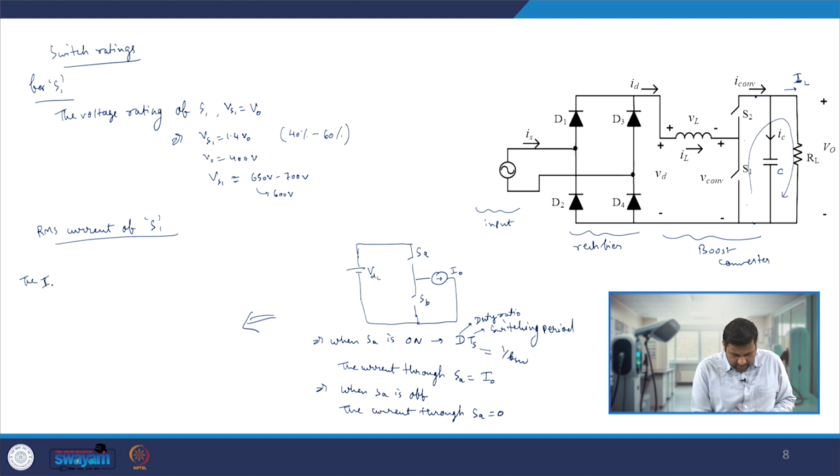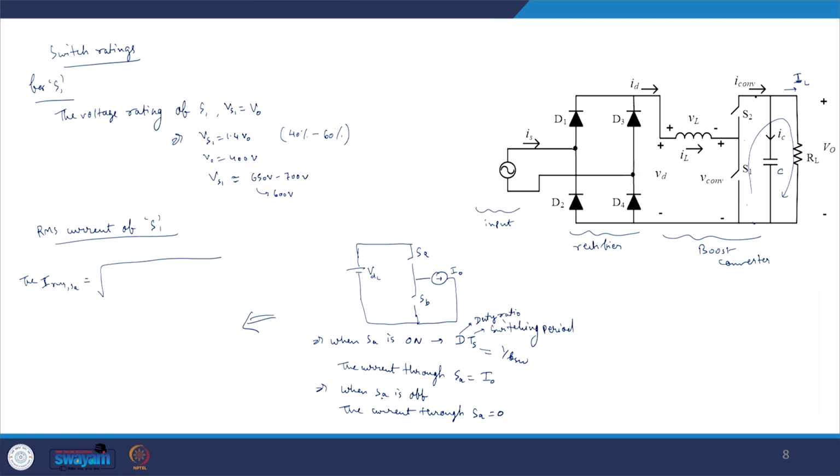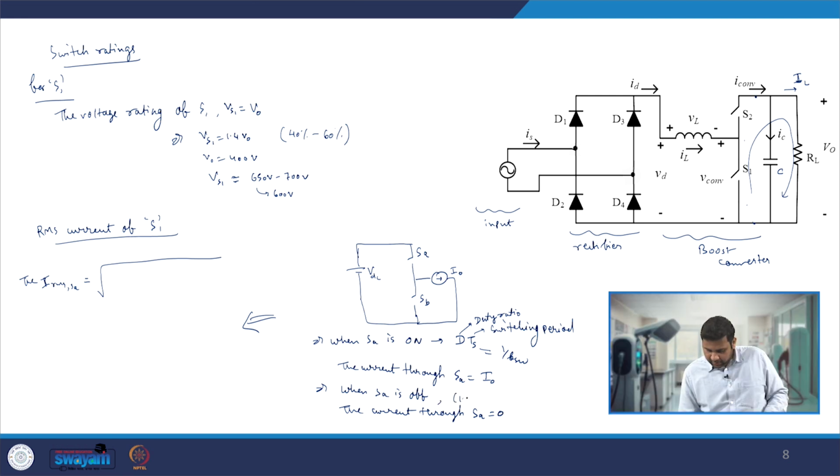We can write I RMS of SA, which is a root mean square, so root, we have to take the mean. Since SA is on for the DTS period, and SA is off during the remaining 1 minus D times TS portion of the period, during that time my SB is on. The current which is coming out of the half bridge is going through SB.